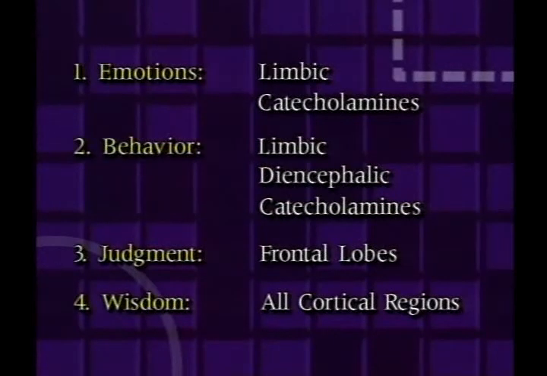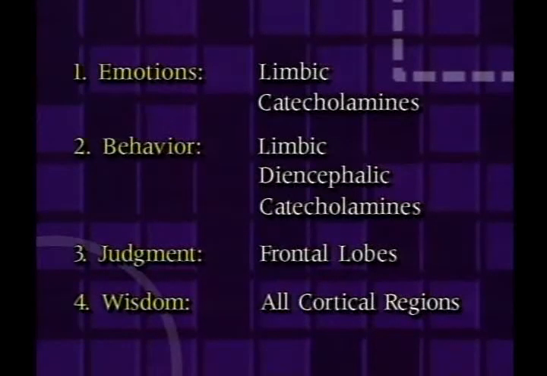We know limbic structures as well as catecholaminergic innervation are involved in control of our emotions. Behavior, impulse control, for instance, sexual behavior, involves limbic structures, deep brain or diencephalic structures, and catecholaminergic innervation. Judgment involves particularly frontal lobe function.